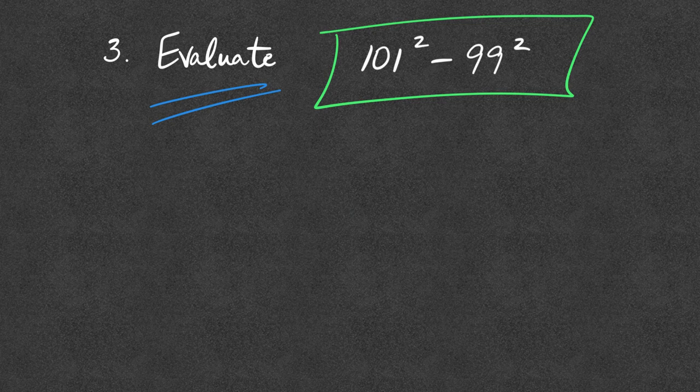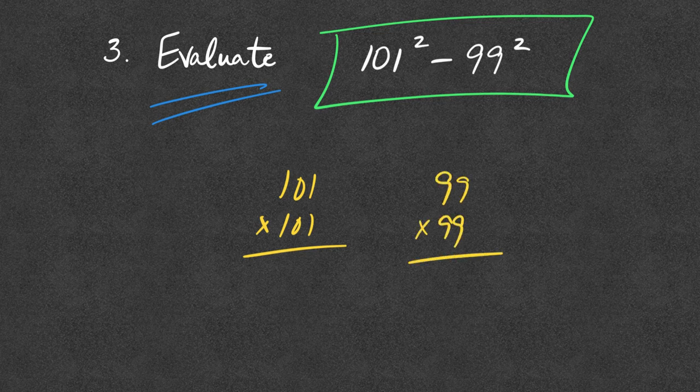If I was to ask you to evaluate that expression, 101 squared minus 99 squared, and I said you don't get a calculator, I would have a bunch of people in here that are going to take so long, and you would look at that as a horribly difficult question because you're going to spend all this time calculating 101 times 101 because it's not like you memorized that, and you're going to calculate 99 times 99 because you don't memorize that.